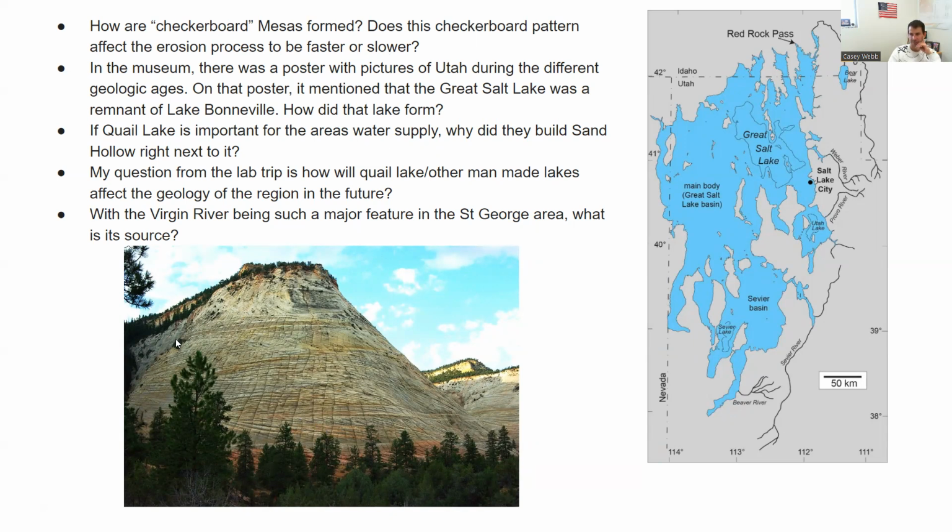So if we look at Checkerboard Mesa, this is in Zion National Park, we get, okay, just look at it. Do you see patterns? Do you see lines that form a repeating pattern? Okay, the answer to that is, of course, yes. And we can split this pattern into two different sets or types.